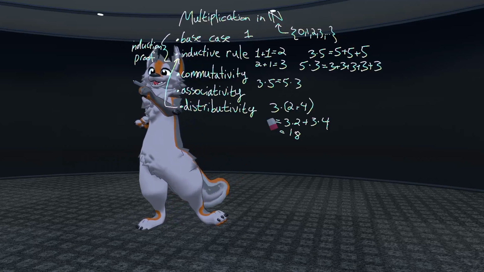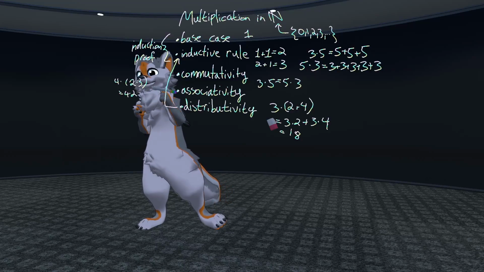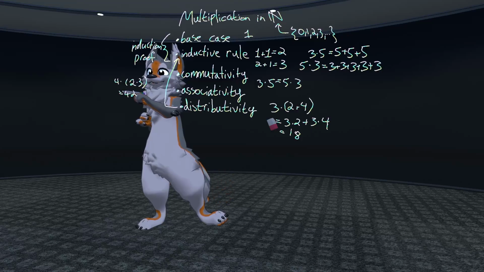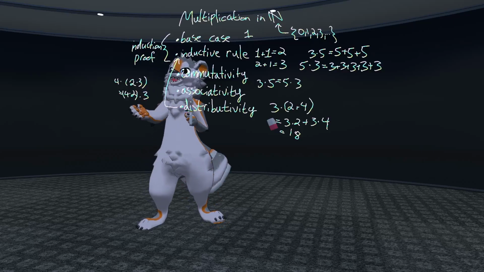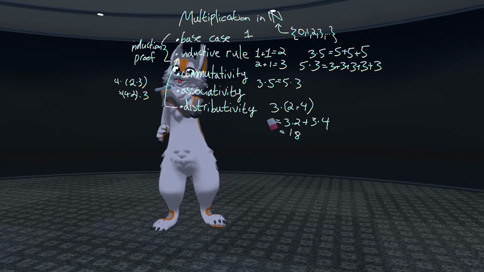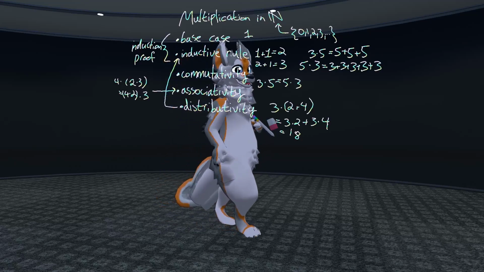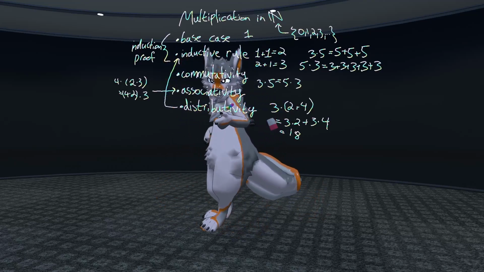If we have 2 in the middle, then whether you multiply that by 3 first on the right and then 4 on the left, well, that's going to be the same thing as multiplying the 2 by 4 from the left, and then by 3 from the right. So these two are the same thing. So that's associativity, right? And that's also, in my opinion, a pretty non-trivial thing, right?